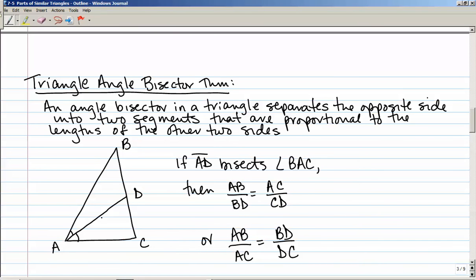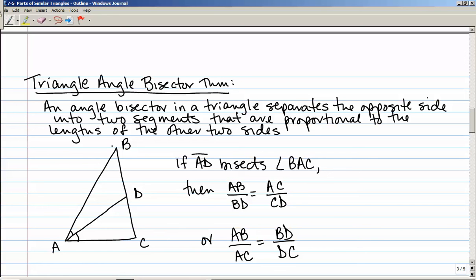So AD is an angle bisector, so it bisects big angle A, and then it creates two segments over here, BD and DC. So you need to look at those two segments there. And those are proportional to the sides that they're next to. So AB over BD is equal to AC over CD.